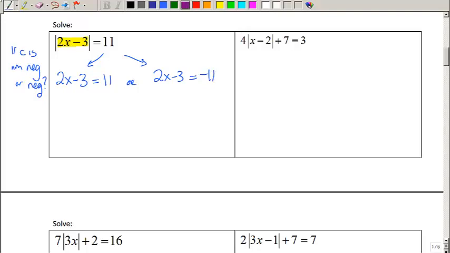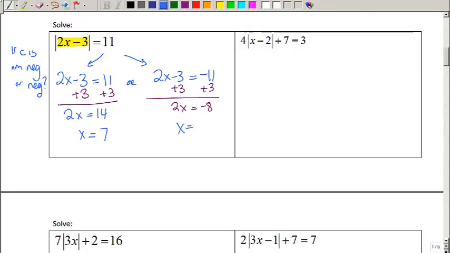From here, I have two linear equations that I can solve fairly quickly. I'm getting x is equal to 7 on the first one, and x is equal to negative 4. So my solution set is 7 or negative 4.